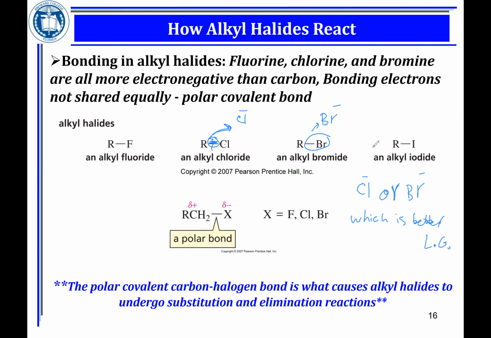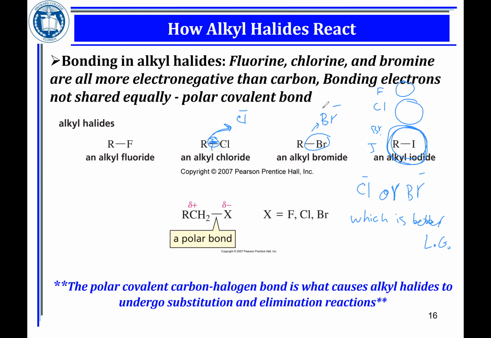If you look at the periodic table, you have fluorine, chlorine, Br, and then iodine, right? For fluorine, you have 2 energy levels. For chlorine, you have 3 energy levels, and for bromine, you have 4 energy levels, right? As you go down, the size is increasing. So bromine is larger than chlorine.